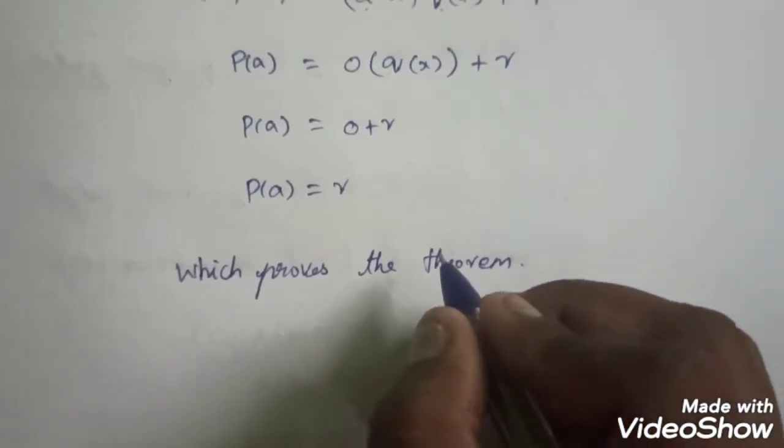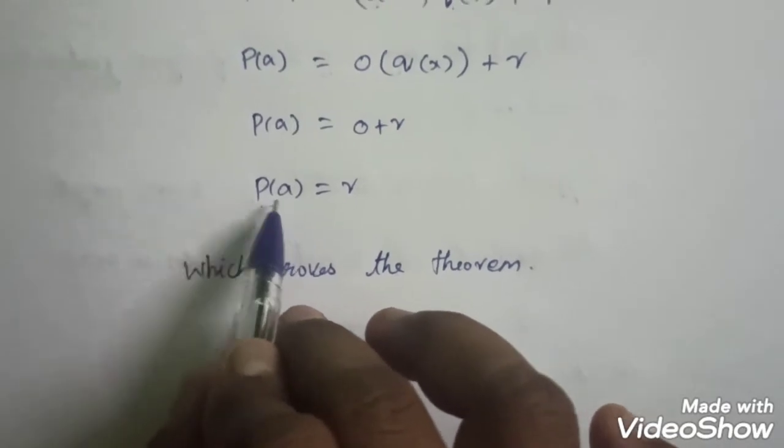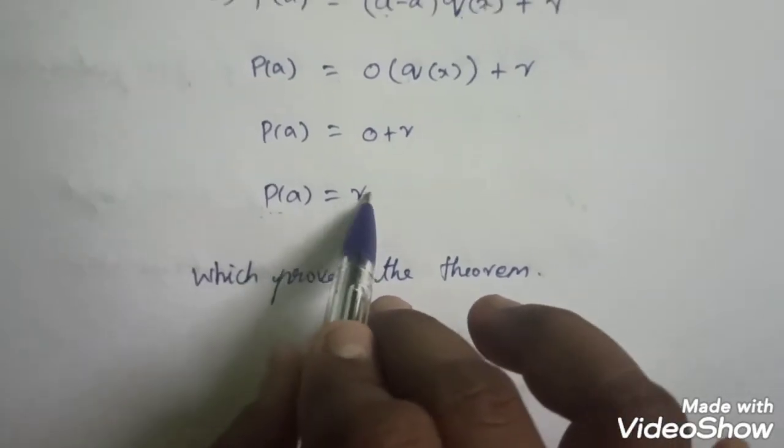So what is the theorem? Finally we get the remainder is P of A. So P of A is equal to the remainder R.